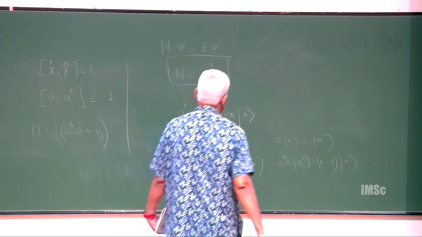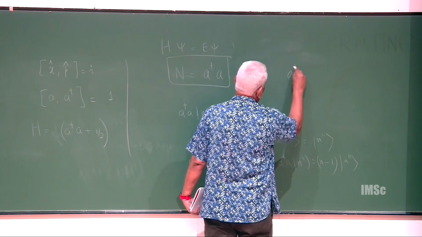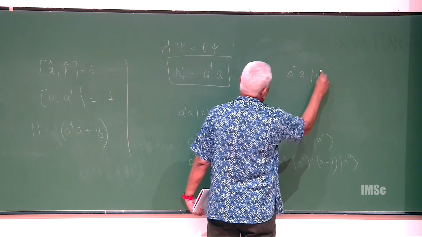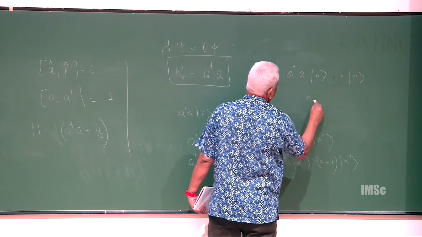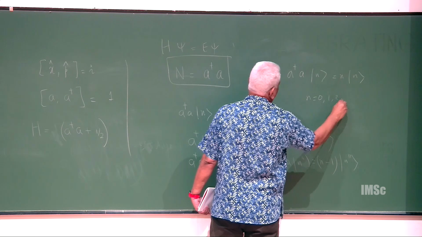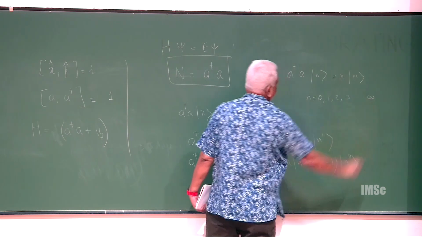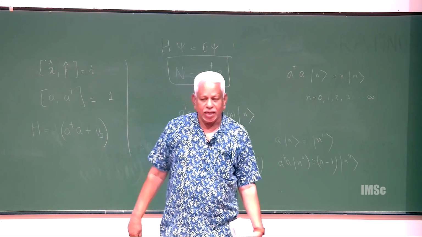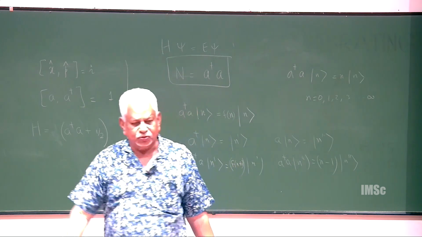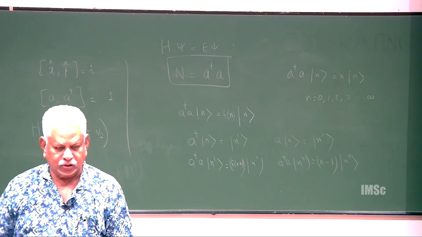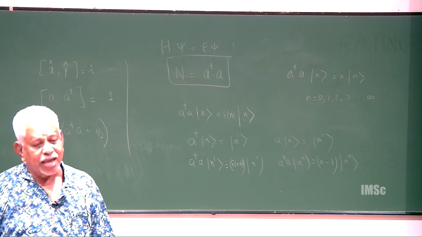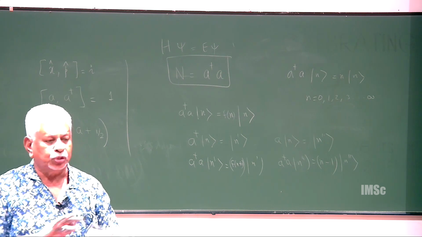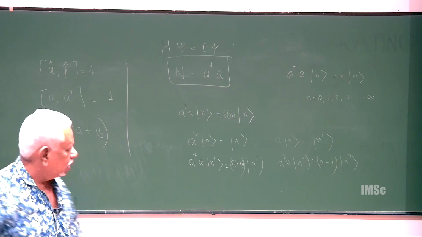So you will have A dagger A acting on n give you n times n, where n is 0, 1, 2, 3 up to infinity. And A acting on that state gives you the n minus 1 state, n minus 2 state, and A acting on 0 gives you 0 because of this.